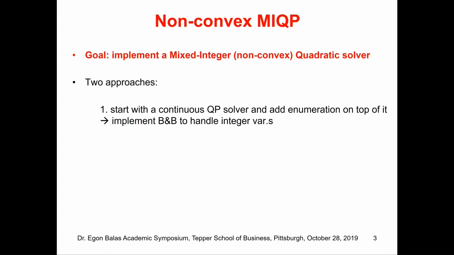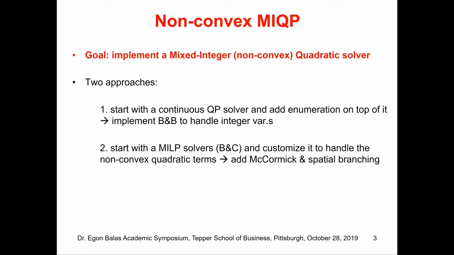So you implement a branch and bound on top of a QP solver, or the other way around. You start with a very efficient mixed integer linear solver, branch and cut, in our case it was Cplex, and then you customize it through callbacks in order to deal with the non-convexity.